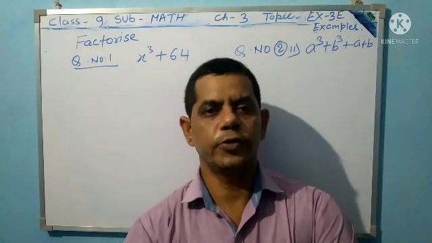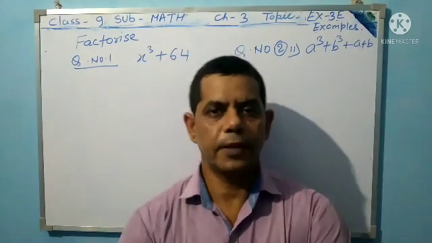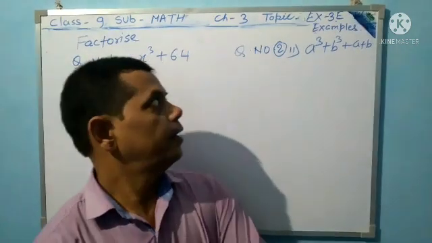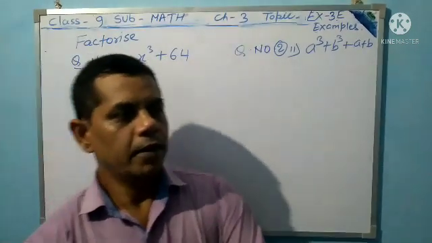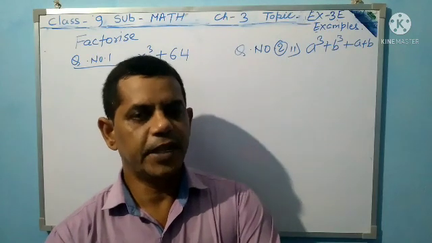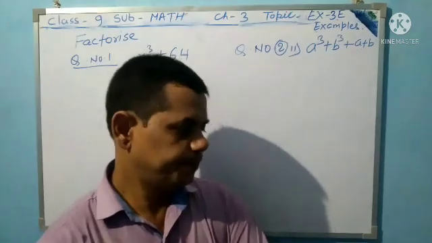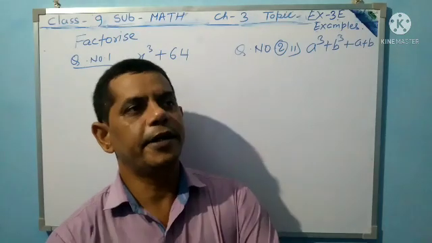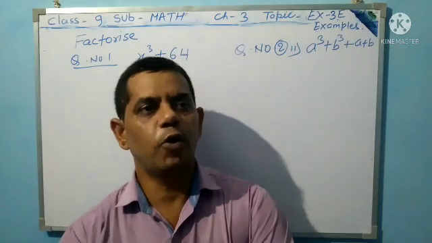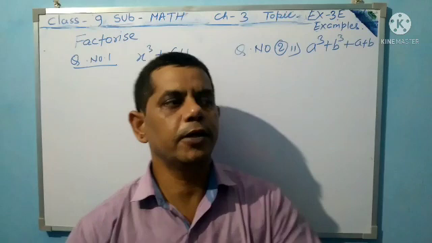Today I teach you chapter number 3, exercise 3 examples. In that example, some examples are given on the identities of (a plus b) whole cube and (a minus b) whole cube.